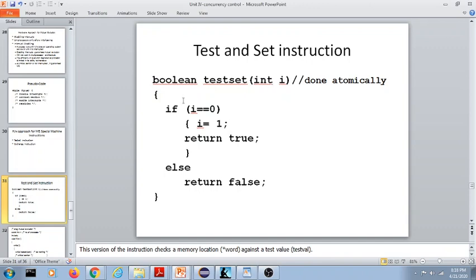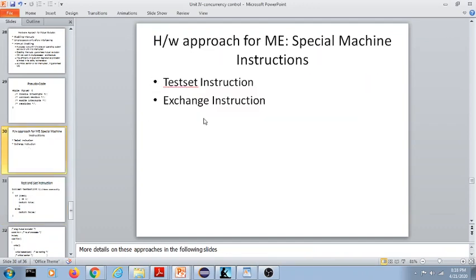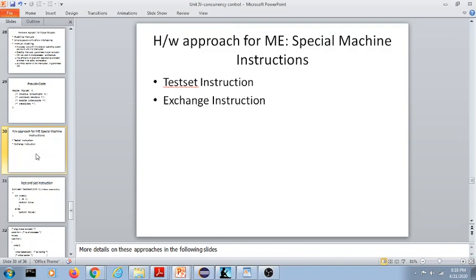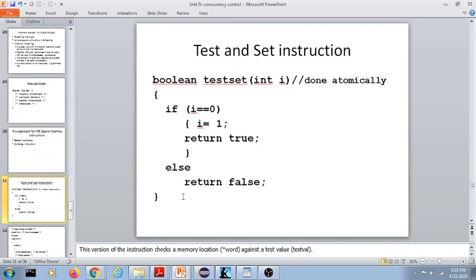It is actually a single instruction, but behind that instruction there is a complete function. Whenever the test and set instruction is executed, you will feel that you are writing a single instruction, but for that single instruction this complete pseudo code, this complete function, will get executed.